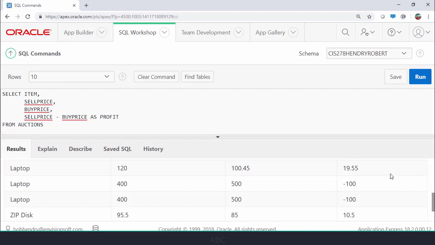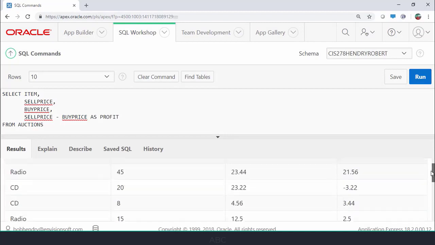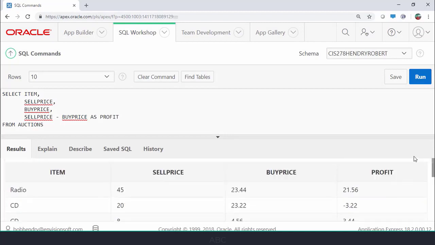I think I got that reversed. The sell price minus the buy price is profit. That looks good. Let me look at my SQL.